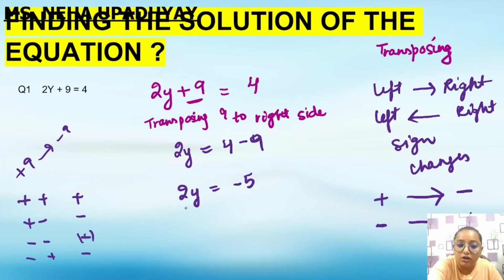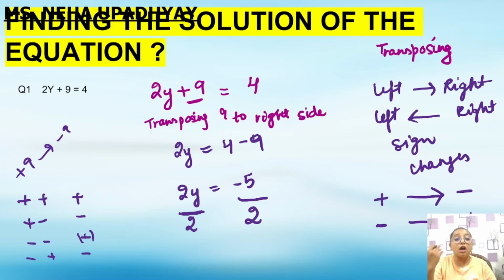Now what will happen to 2? We will divide both sides by 2. The thing which we are doing in the LHS should be done in the RHS also. Now the question comes, ma'am, why are we even dividing? We are dividing so that we can get the coefficient of y as 1.